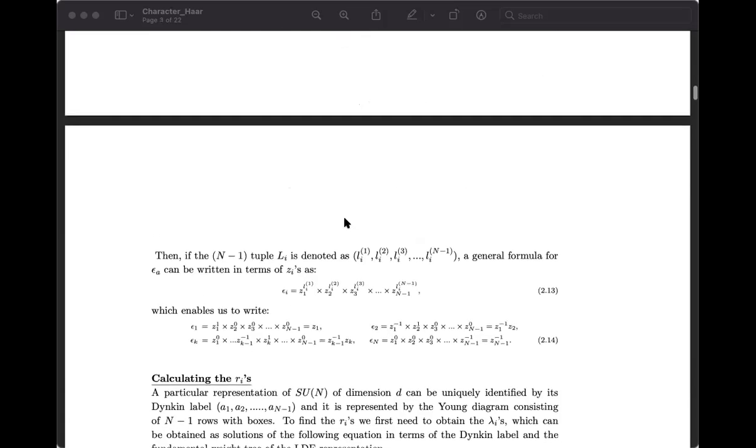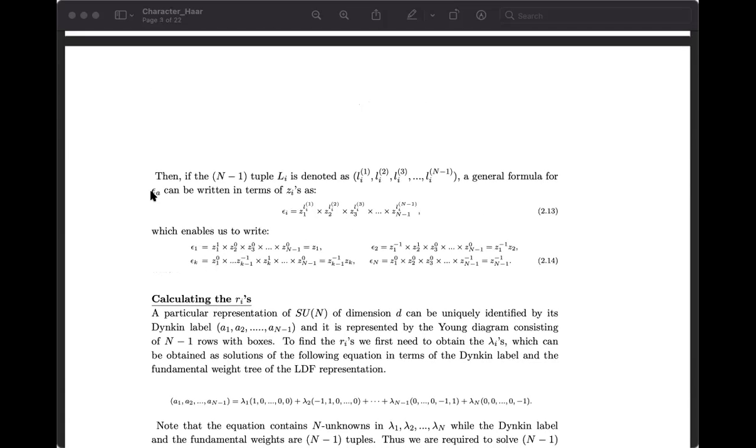Okay, so once you do that, the (n minus 1)-tuple Li is denoted by Li1, Li2. This is not the power, this is the position being indicated, like Li1, Li2, Li3, and so on up to Li(n-1). Now, the general formula for epsilon i can be written as epsilon i equal to z1 to the power Li1 times z2 to the power Li2, and so on up to z(n-1) to the power Li(n-1). This enables us to write epsilon 1 equal to z1^1 z2^0 and so on, because these elements are basically 1, 0, 0, 0, 0, so this will be z1.